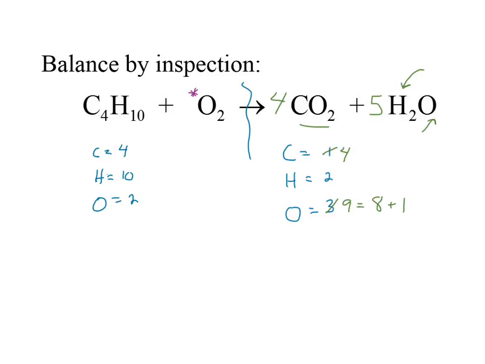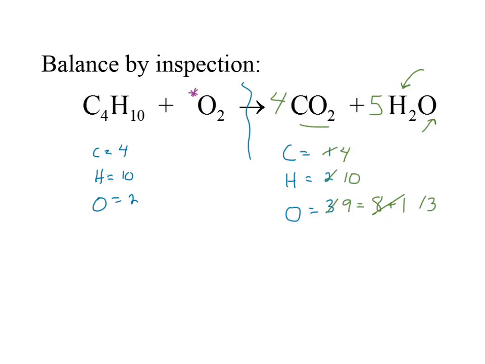So let's update. So that gave me the 10 hydrogens. And now how many oxygens do I have? Feel free to use a calculator. 8 plus 5. Yeah, 13. I'm telling you, I use a calculator for something like that. Cool.